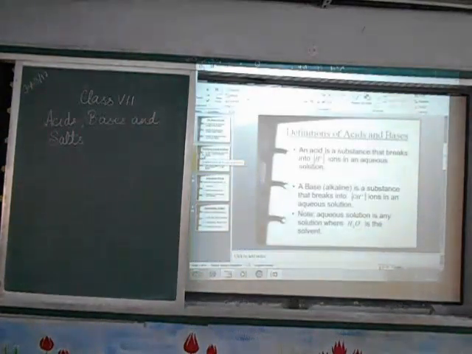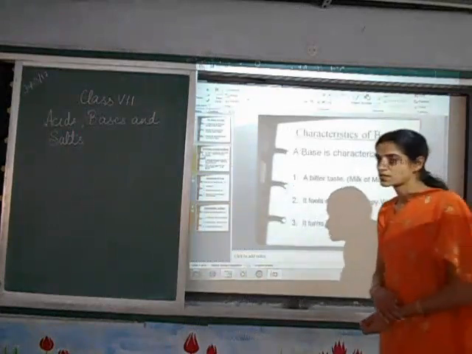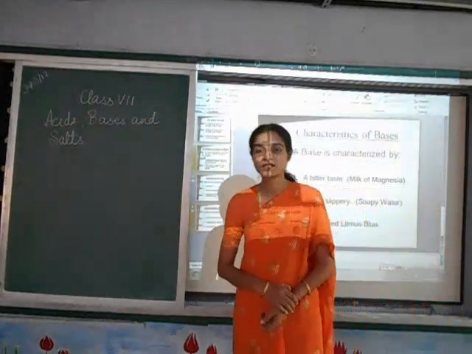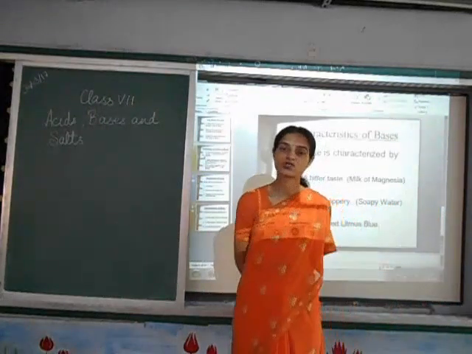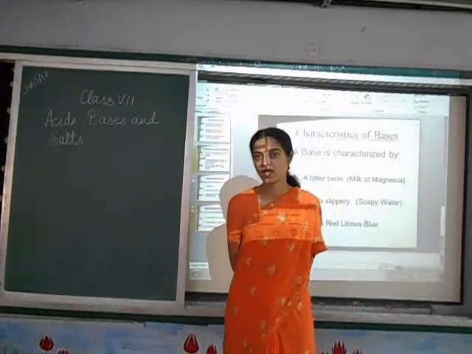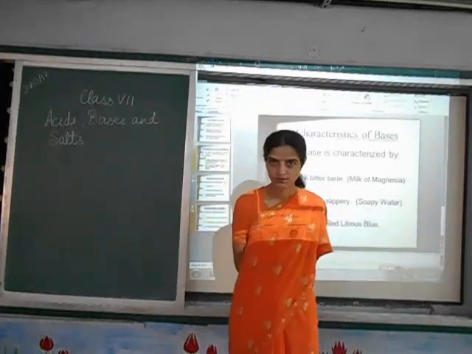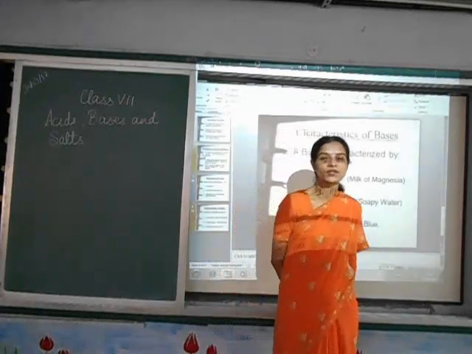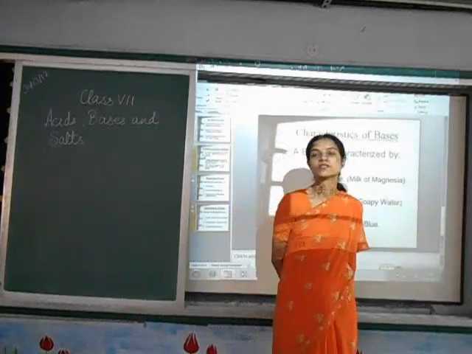If we talk of acids and bases, here we also come across an important product which is formed by the combination of acid and bases, and that is salts. Acid reacts with bases to form salt and water, and this important reaction is called neutralization. How does this reaction happen?